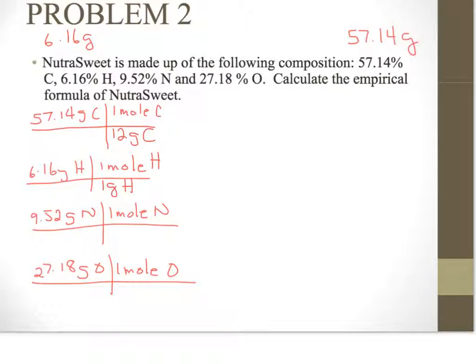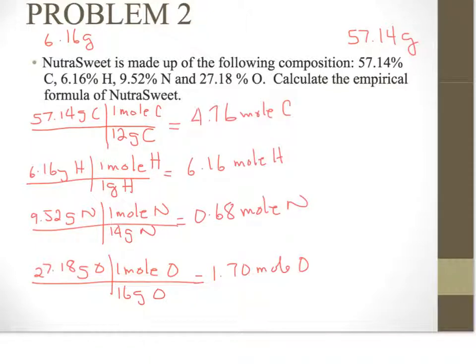For nitrogen, for every 1 mole of nitrogen, we have 14 grams of nitrogen. And for 1 mole of oxygen, we have 16 grams of oxygen. So when we solve for this, we got 4.76 mole of carbon, 6.16 mole of hydrogen, 0.68 mole of nitrogen, and 1.70 mole of oxygen.